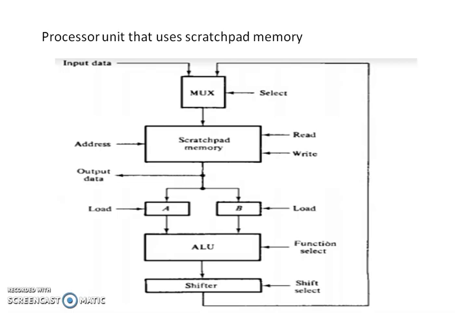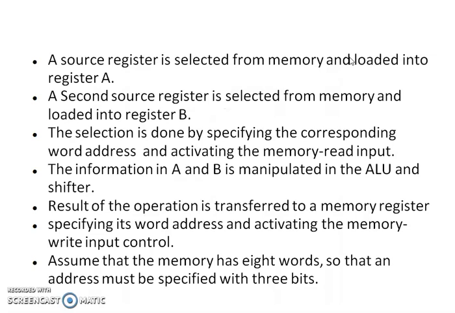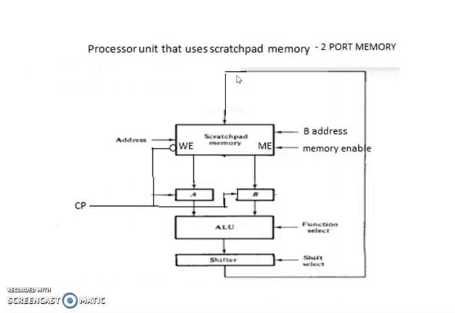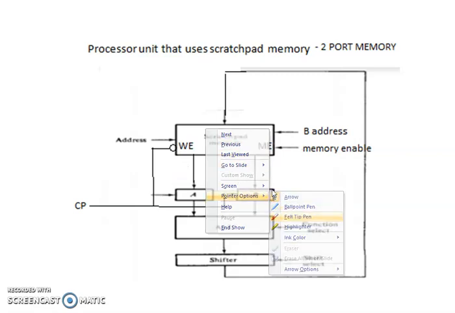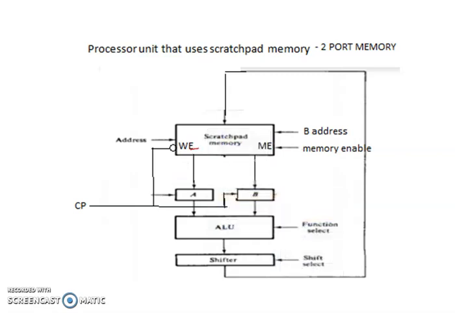So this is the process of a normal scratchpad memory, and here we have one more variant of this scratchpad memory, implemented using two ports. It is similar to the other one, the difference being that it makes use of two ports, WE and ME.